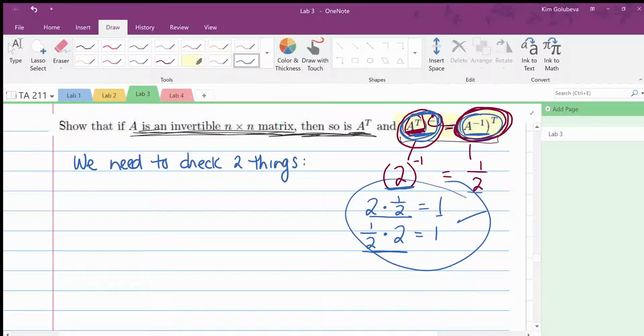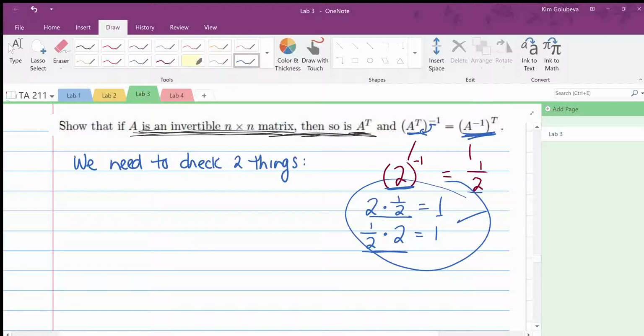Recall that we're trying to figure out if the inverse of A transpose is equal to this thing here. I should erase some of this because it's clouding up what we're supposed to do.